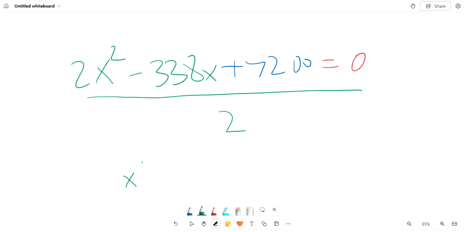And we get x squared minus 169x plus 3,600 equals 0.